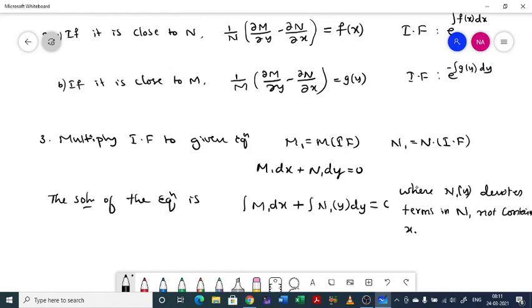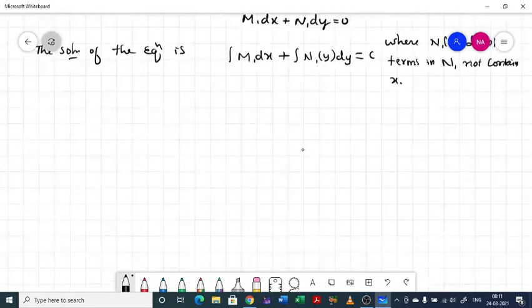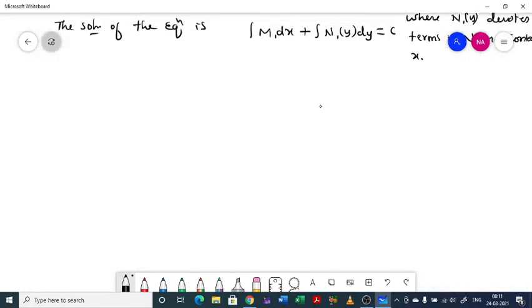So this is the procedure to solve problems on equations reducible to exact form, type 1.